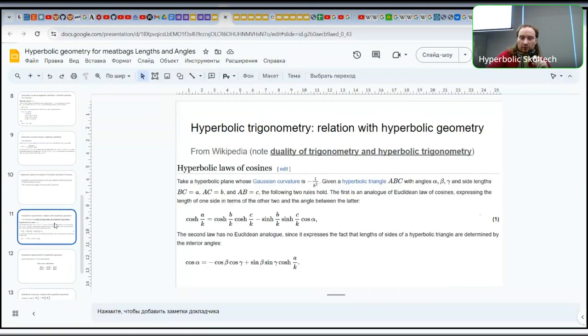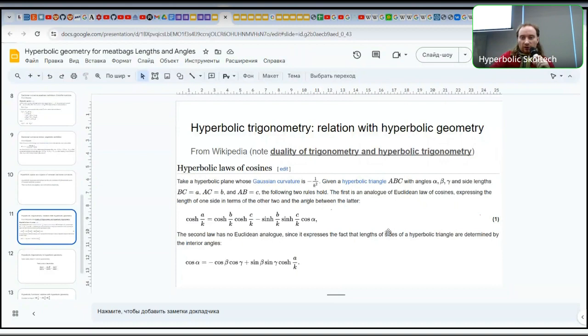Okay, so for this sectional curvature, which we denote as -1 over k squared for some non-negative number k, we just take a triangle in this model with angles alpha, beta, and gamma, and sides A, B, and C, like you see here.